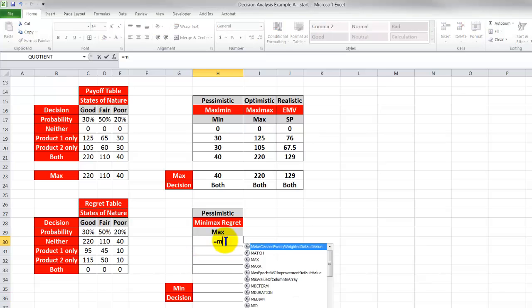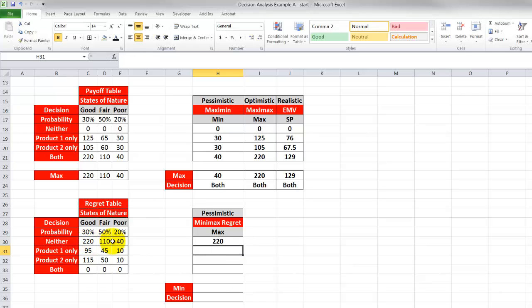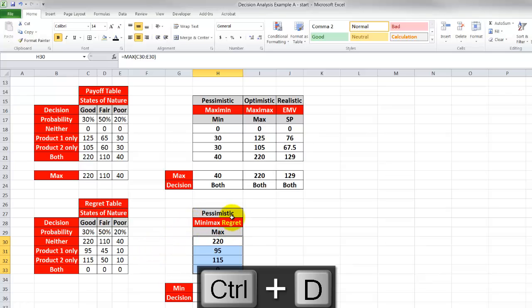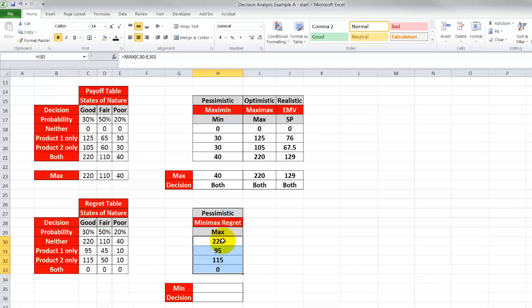The maximum of these three columns is going to be 220. So these all represent the regret. The maximum regret is 220, but let's take the minimum of those maximums. And the min here is going to be 0.